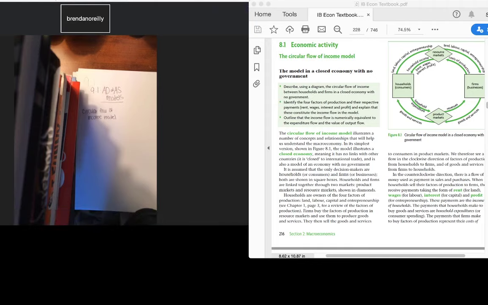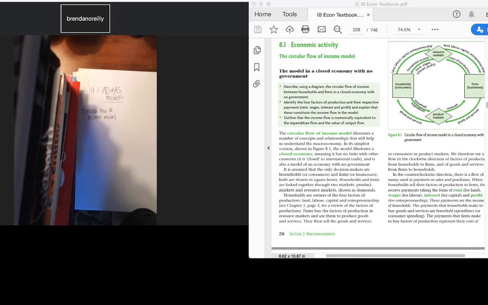The resource markets are where household income and land, labor, capital, and entrepreneurship, the resources that individuals can obtain within an economy, come from. The product markets are, in terms of businesses, the goods and services they are able to produce and provide to consumers and customers within an economy. So that's resource and product markets.